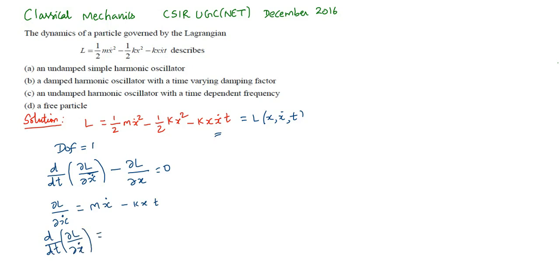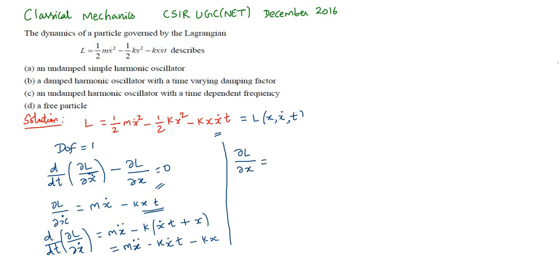This is m x double dot minus k, which is a constant, and we have to use the product rule for x t. Taking the derivative of the first term gives x dot t, and taking the derivative of the second term gives x. So this becomes m x double dot minus k x dot t minus k x. Similarly, taking the partial derivative with respect to x, x appears in the second and third terms. The second term gives minus k x, and the third term gives minus k x dot t.